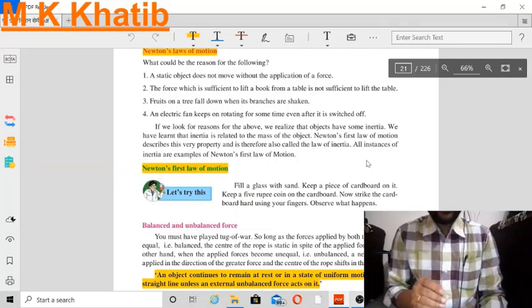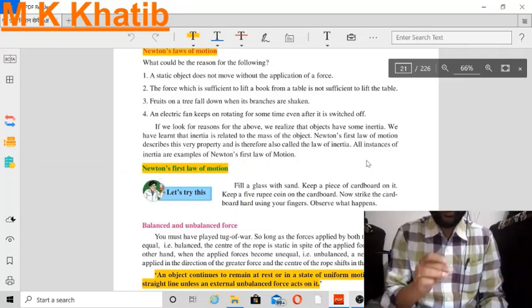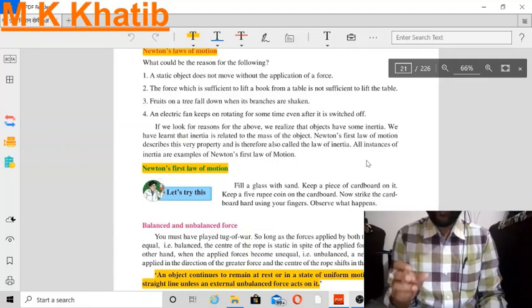It means when we strike the cardboard, it goes into motion and the coin does not go into motion. So the coin falls down into the glass, meaning the coin has its original property of inertia, due to which it falls down into the glass. Newton's first law of motion can explain this property.